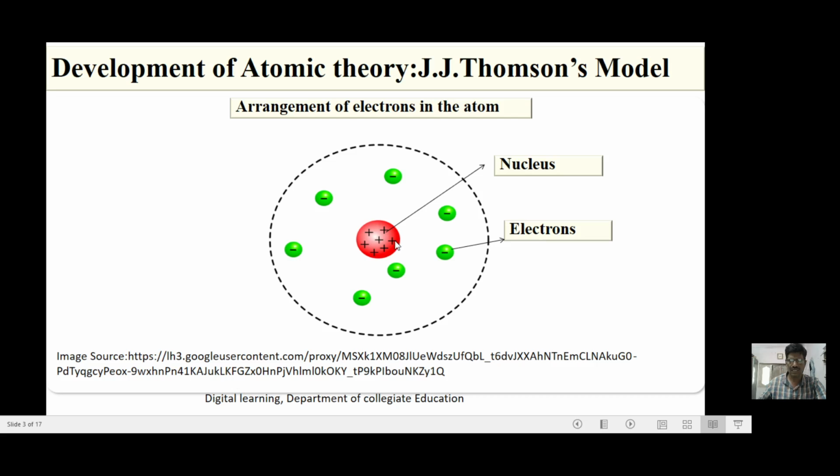Here positively charged particles are there: 7 positively charged particles surrounded by 6 negatively charged particles. Therefore, the atom consists of an equal number of electrons and protons, or positively charged particles.